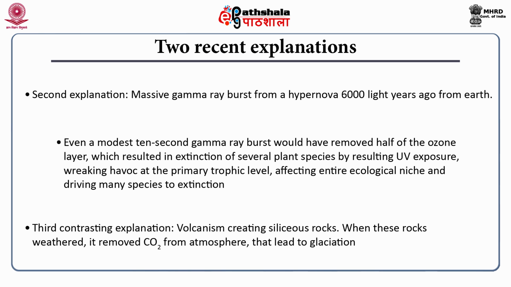The particularity of siliceous rock is that when it weathers, it absorbs the CO2, because silicate combines with the carbon to form rock. So, it sequesters, it removes carbon dioxide from the atmosphere. As CO2 is a greenhouse gas, more and more CO2 being removed from the atmosphere will result in global cooling and ultimately a glaciation. So, probably that might have caused the initial glaciation event.